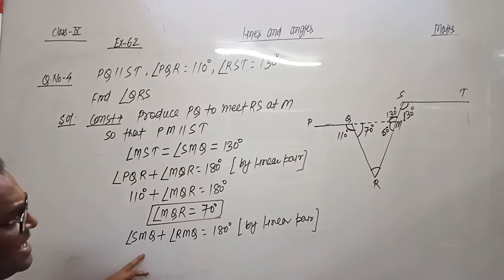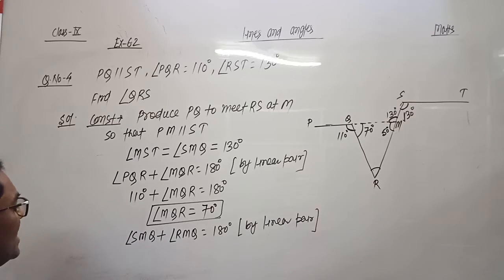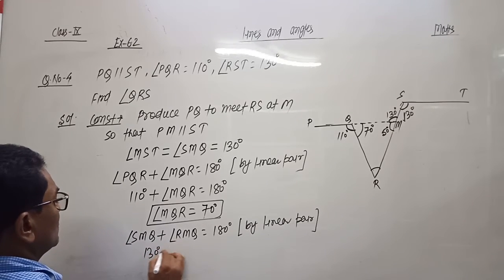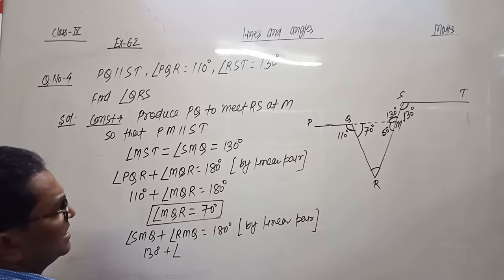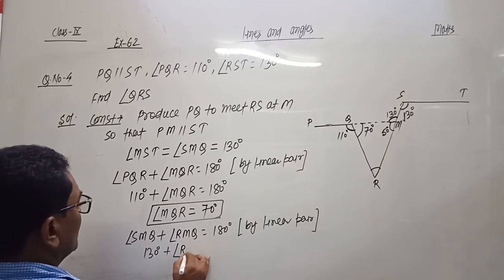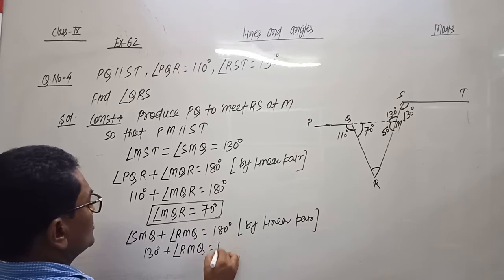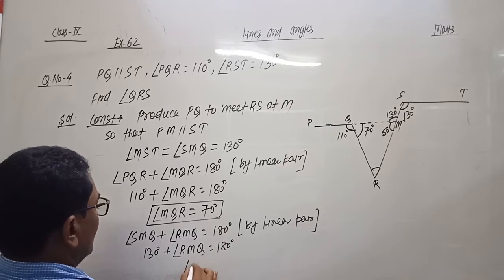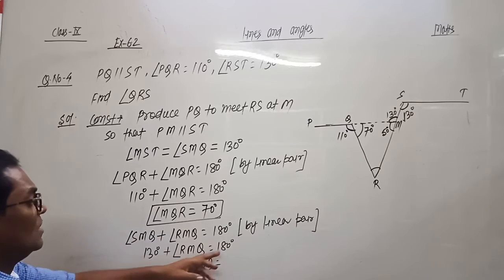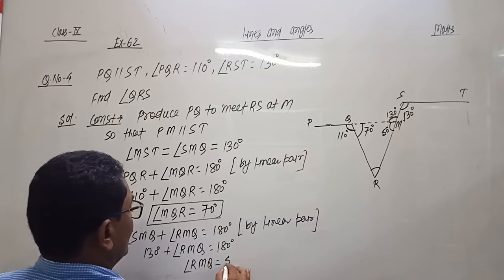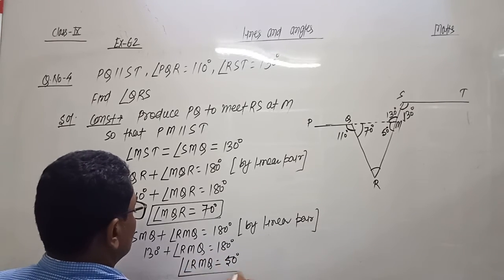And angle SMQ is 130 degree. So 130 plus angle RMQ equals 180 degree, and we calculate the value of angle RMQ, 180 minus 130, that is 50 degree.